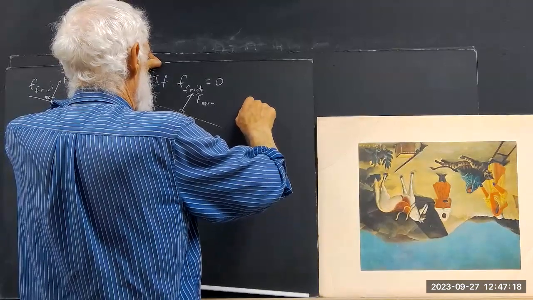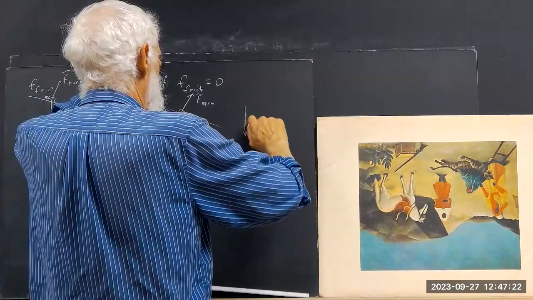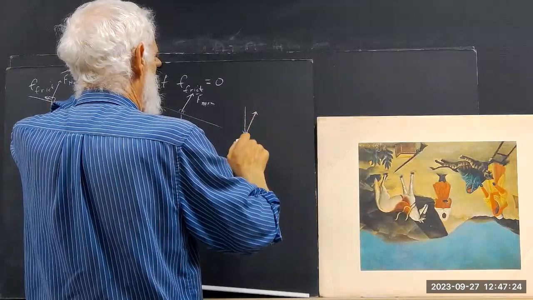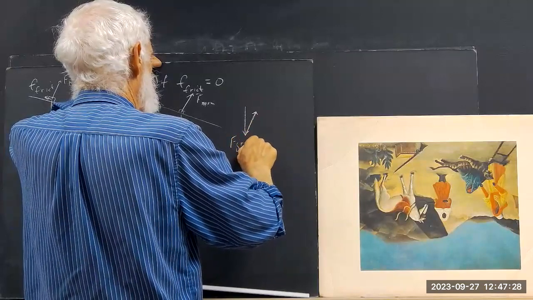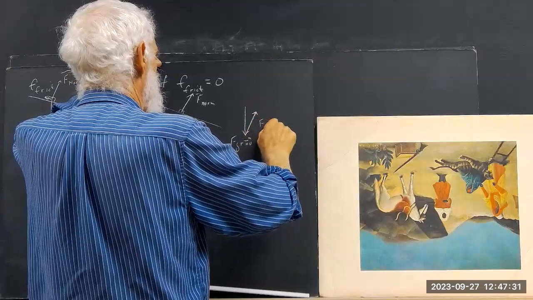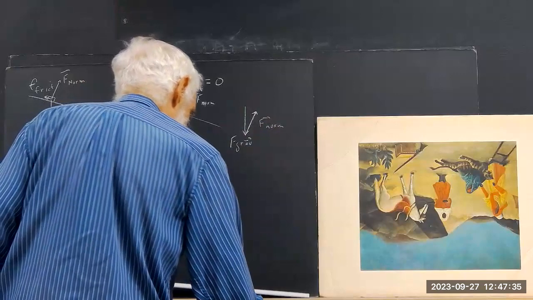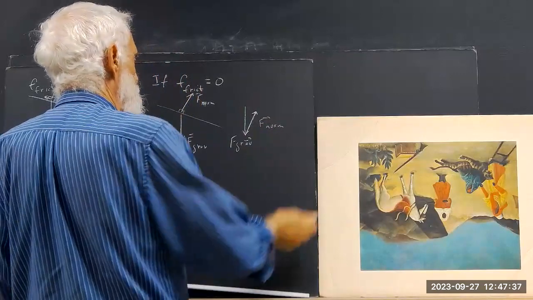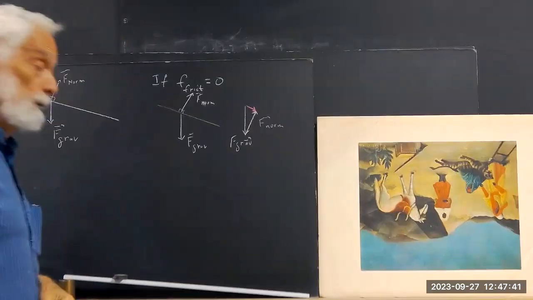So if we do this, gravitational force added to the frictional force, we get a resultant force that isn't zero.